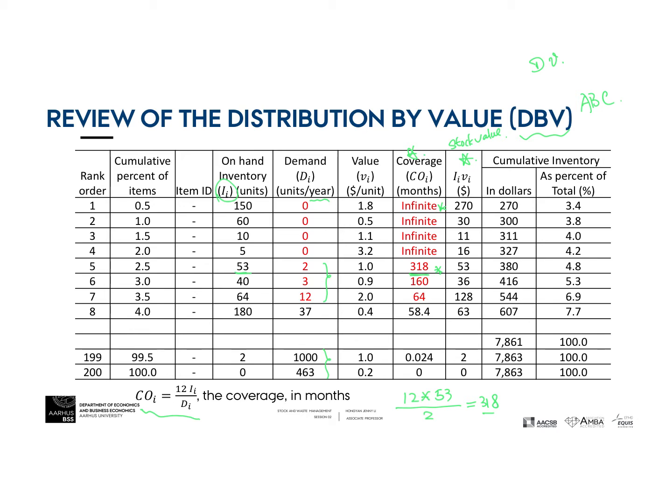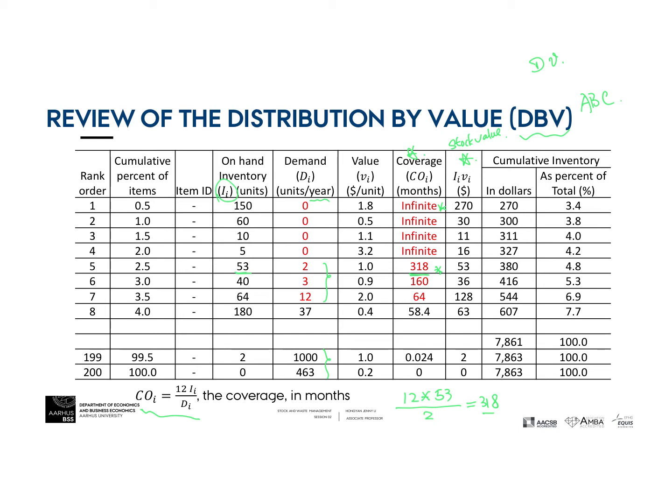Now we have the coverage in months and the storage value. Then we can calculate the accumulated percentage of your inventory value across these 200 items. So here the dollar values, in dollars, it's calculated by the.